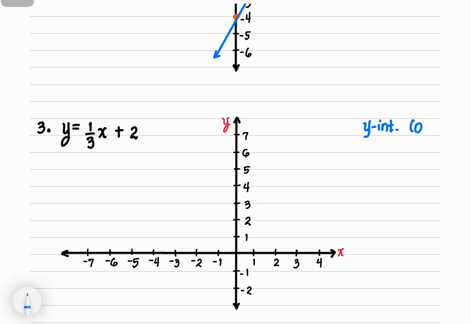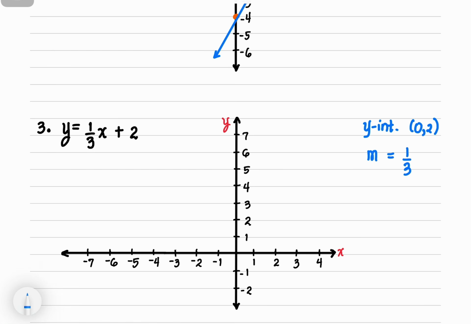Okay, so 0, 2. Never 2, 0. Magkakamali tayo doon. X-intercept yun. And then yung ating slope, which is m. So, that is equal to, very good, 1/3.